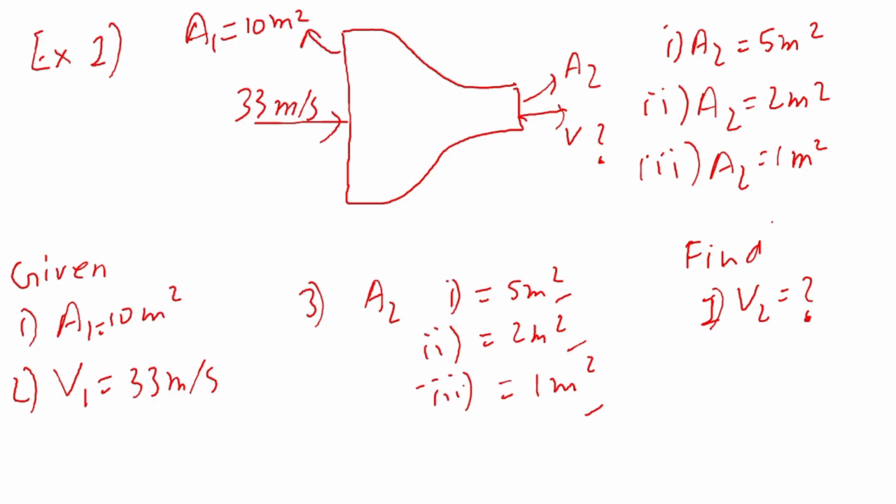Okay, first off, our goal here is to find V2. So the first thing you would want to do is figure out what the control volume is and what type of control volume you have, right? In this case, you're dealing with water or air coming into the nozzle at a certain speed and exiting, right?